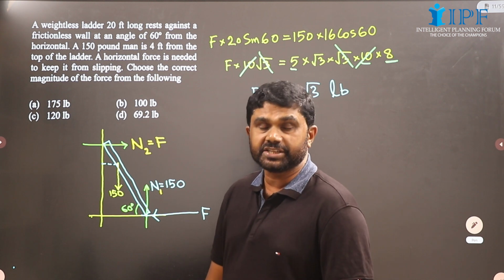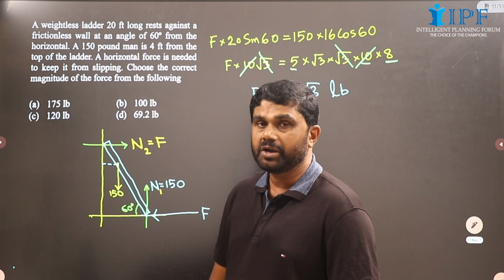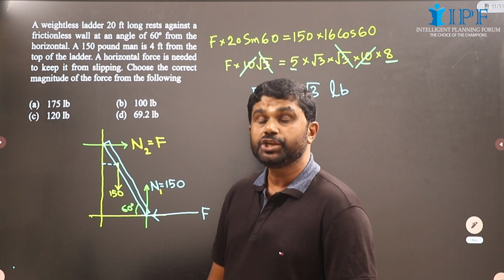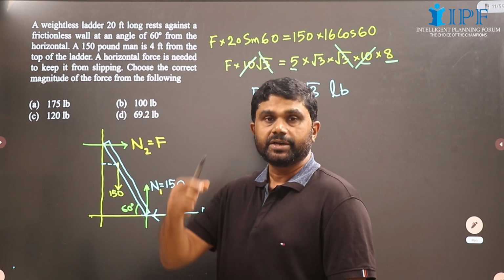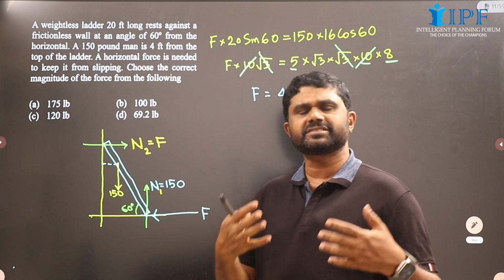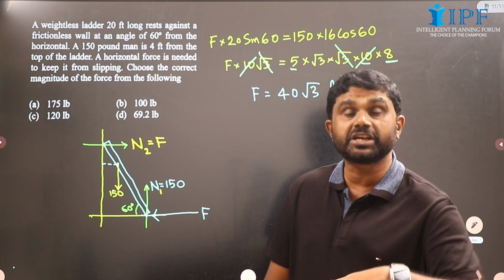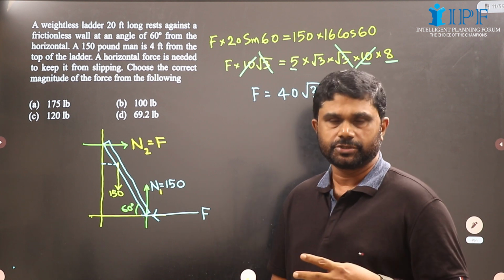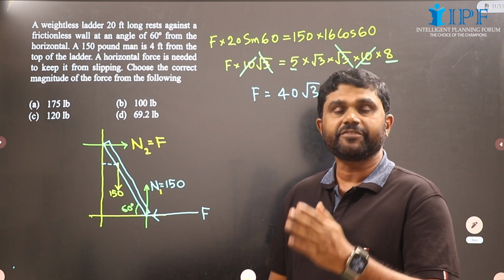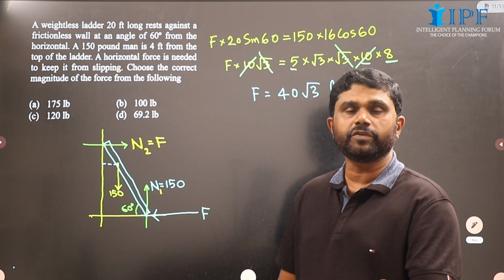And root 3 is 1.732. So 1.732 into 40, meaning 17.3 into 4. Take it as 17.5 into 4, so you have to double it 2 times to multiply by 4. 17.5 into 2 will be 35. Again into 2 will be 70.